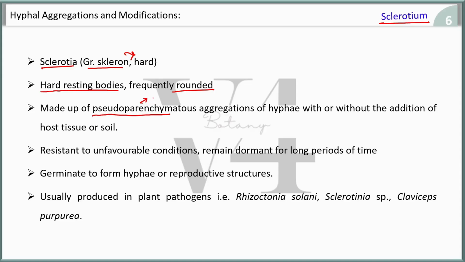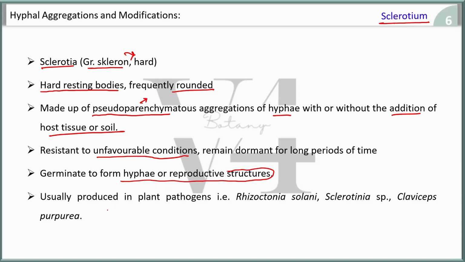So Sclerotium is made up of pseudoparenchymatous aggregations of hyphae with or without addition of host tissue or soil. This Sclerotium can resist unfavorable conditions. It can remain dormant for a long time period, and whenever the conditions are favorable, it germinates to form hyphae or reproductive structures.